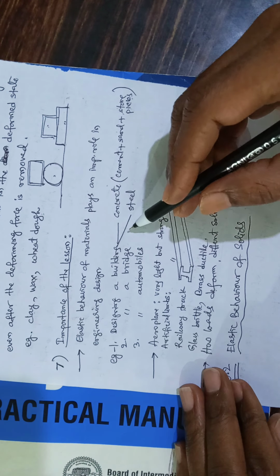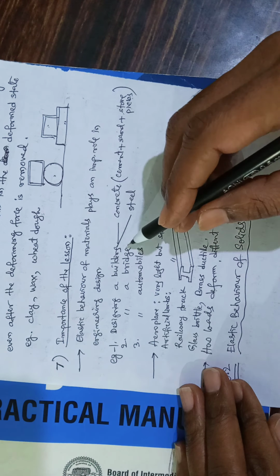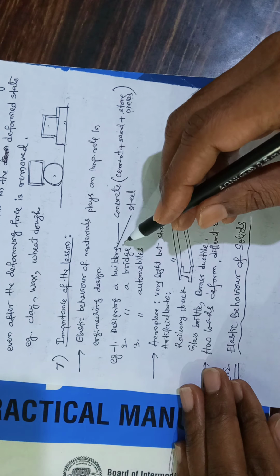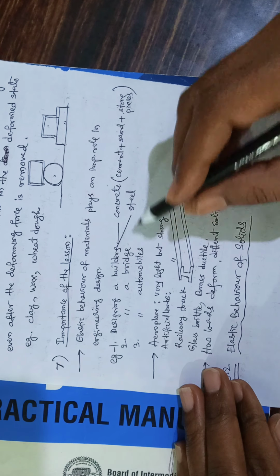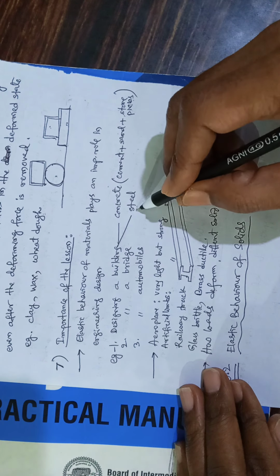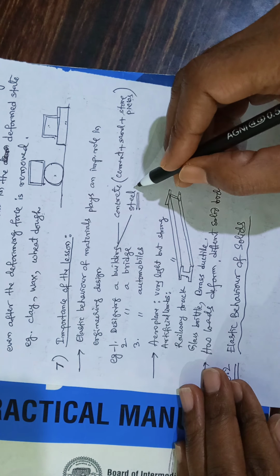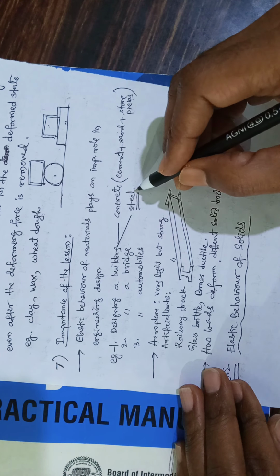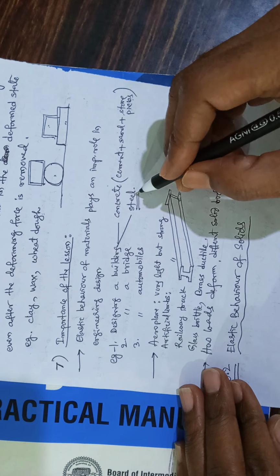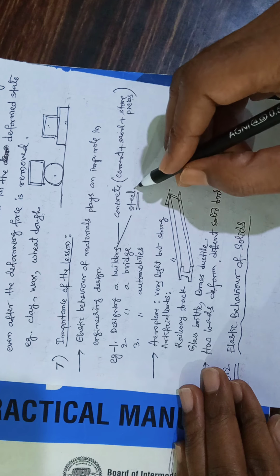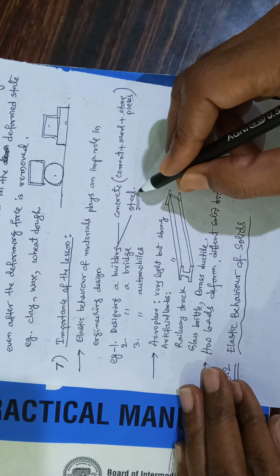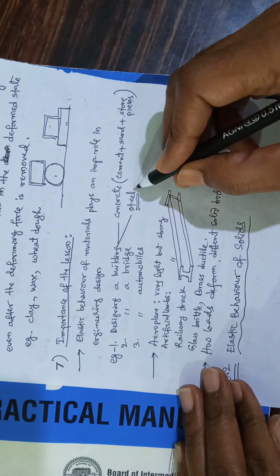Why does he ask? If you prefer a two-story or three-story building, he goes for a steel of different properties, different nature, to stand the weight of the stories. He chooses a strong steel.